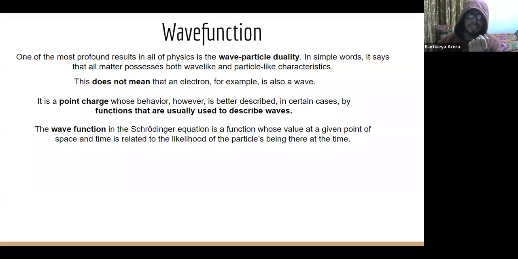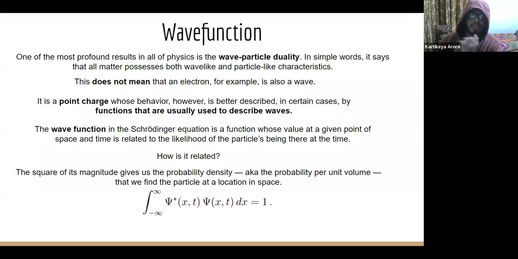These functions are called wave functions, which are used to study the Schrödinger equation, which we'll study in the coming slides. These wave functions represent the likelihood of the particle being at a certain position in space at a particular time.